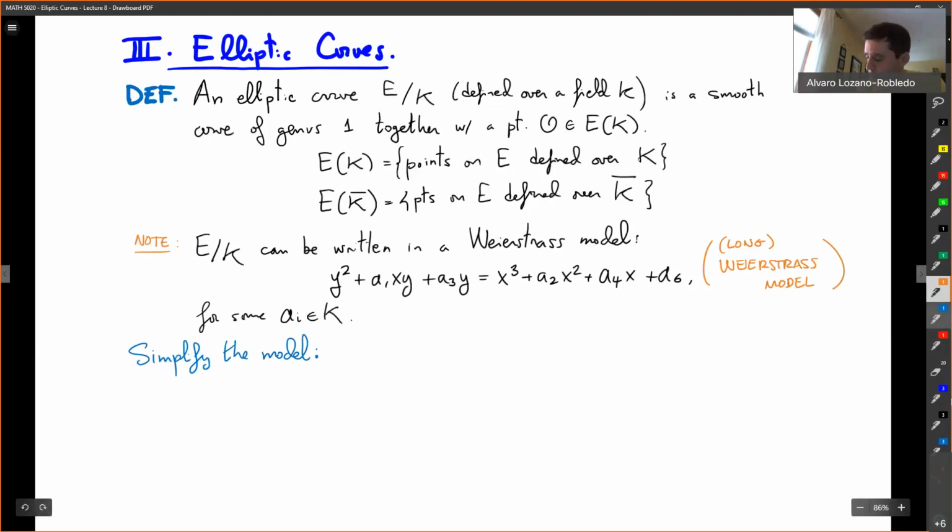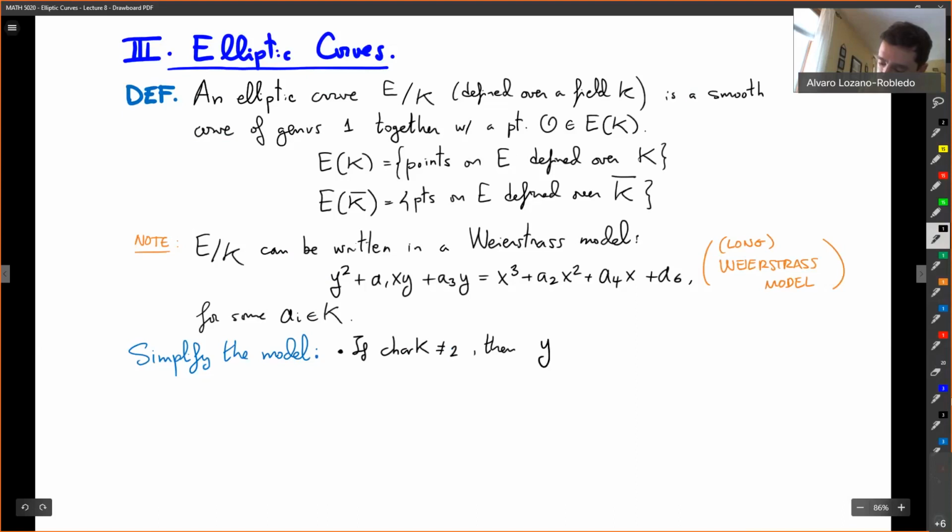First of all, if the characteristic of the field is not 2, so for example if you're not in function fields over F2, then you can do the following.